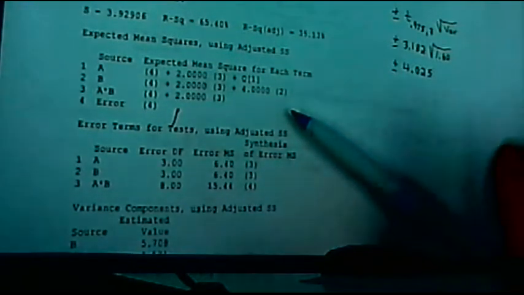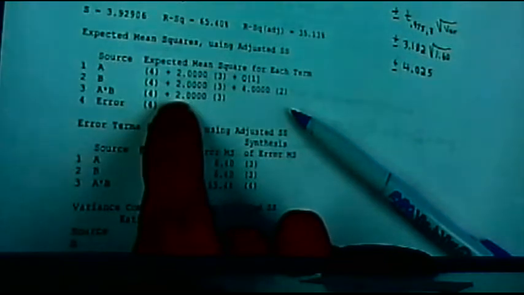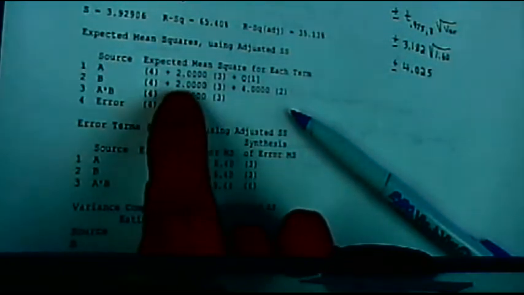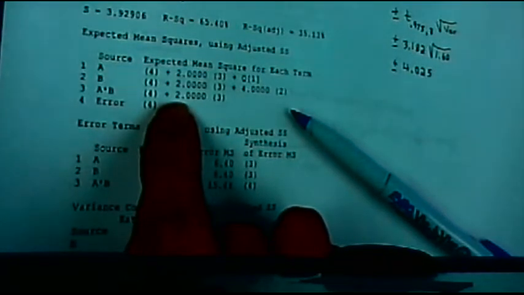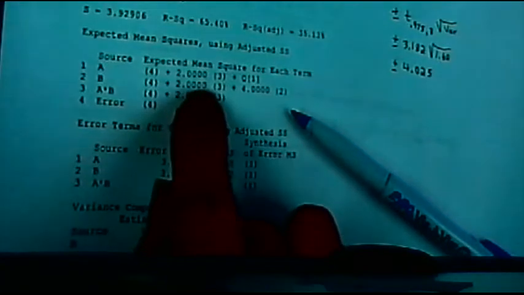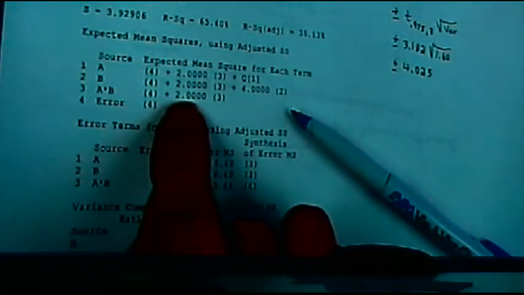So if I want to test AB, the answer is clearly use the error for the denominator. If I want to test B, I've got to use AB for the denominator. And finally, if I want to test A, I've again got to use AB for the denominator.